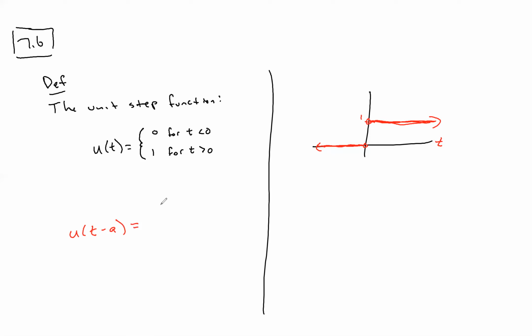So basically what this does is it's going to be 0 for t less than a, whatever a was, and then I'll switch to 1 whenever t is greater than a. Okay, so graphically what that would look like, again, if you've got your t-axis, wherever a is, it's not necessarily 0 anymore.